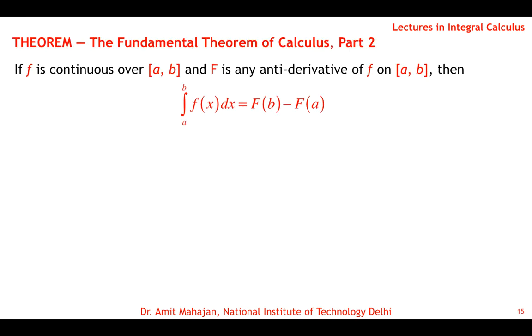The second fundamental theorem is to calculate the integral using this antiderivative. So if f is a continuous function over [a, b], and capital F is any one antiderivative of f on [a, b], then the integral from a to b of f(x) dx can be evaluated as the antiderivative's value at the upper and lower limits of integration, so F(b) minus F(a).